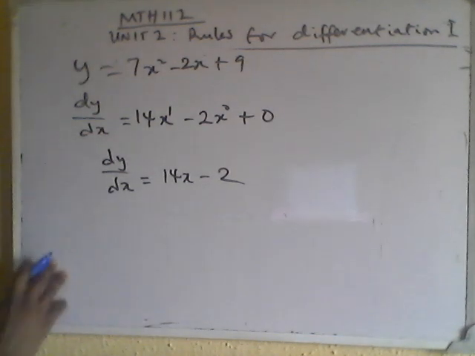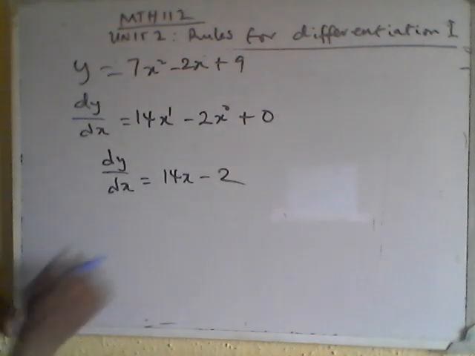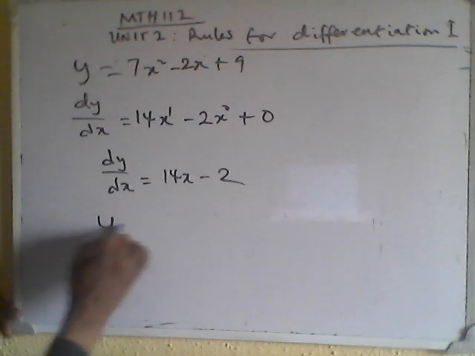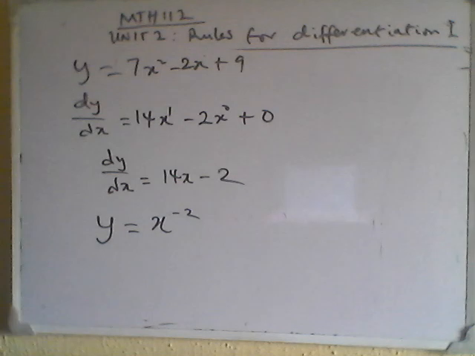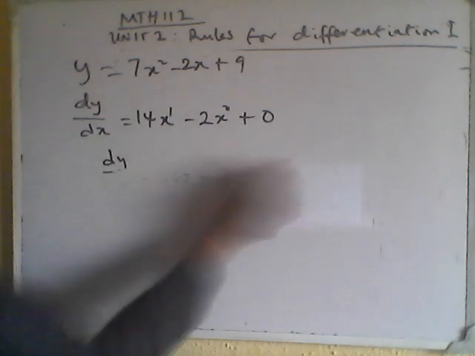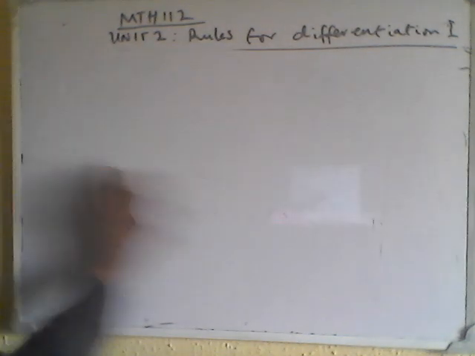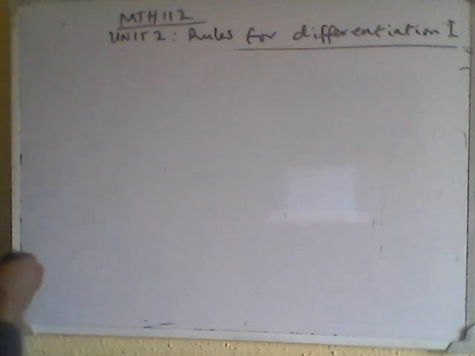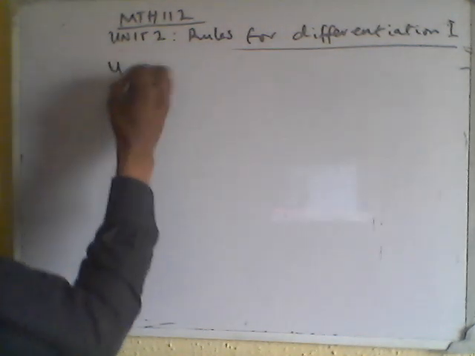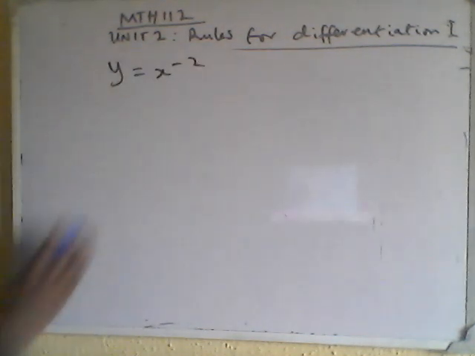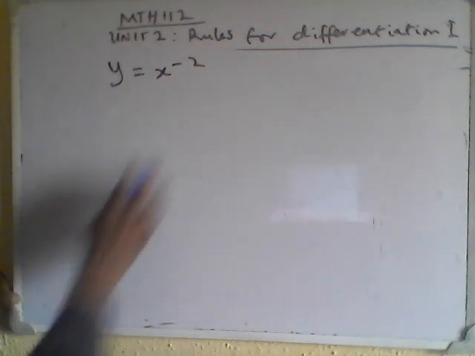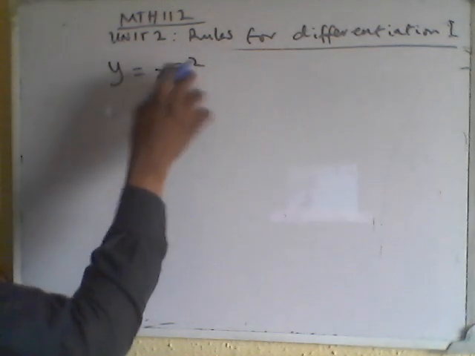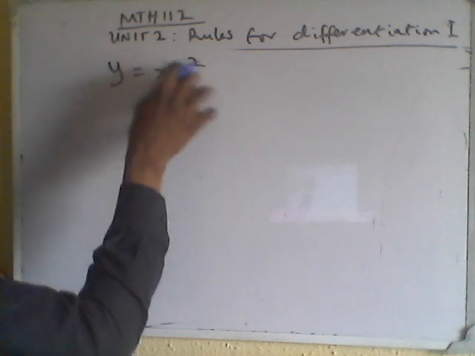All right, so I have this one that is negative power. If, for instance, you have y is equals to x raised to the power minus 2. Now, for this one, this minus 2 is the exponent, is the power, so it's negative.